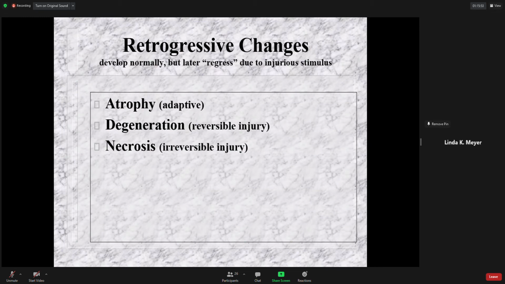So these fall along that continuum that I mentioned. Atrophy is an adaptive response. Degenerations at the cellular level are reversible injuries. I'm just going to highlight them briefly. And then necrosis, which is tissue death, is an irreversible injury.